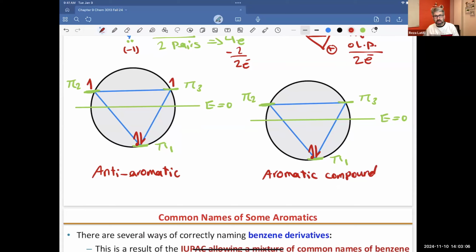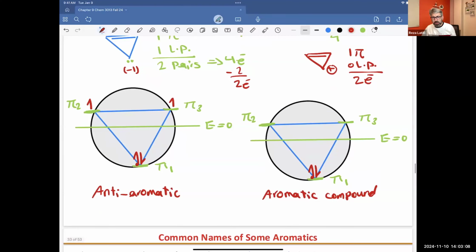So look at the highest orbital. If it's fully occupied, that's good, it will be aromatic. Or if it's empty, again, it will be aromatic. Now, if it's singly occupied, then you are dealing with an anti-aromatic, and the system will be unstable.